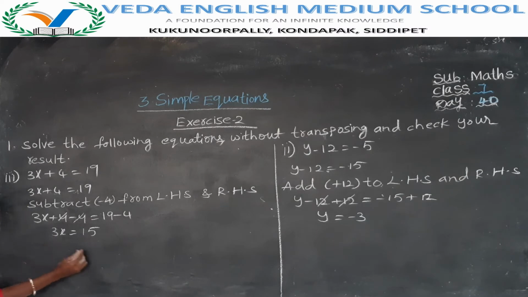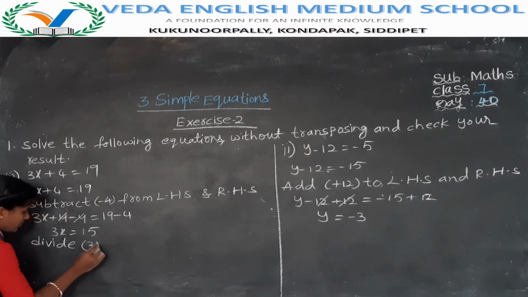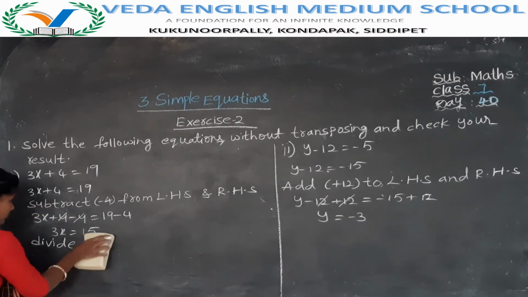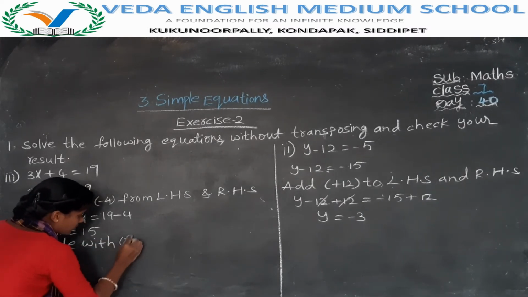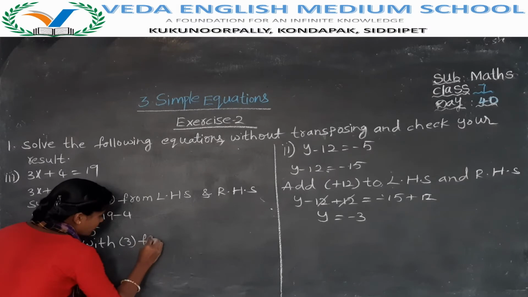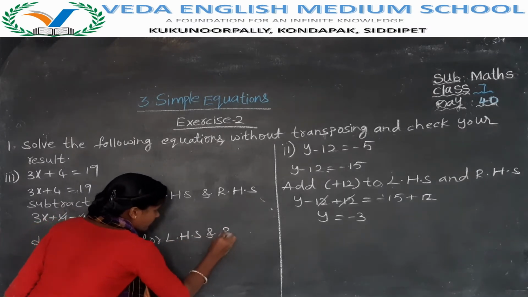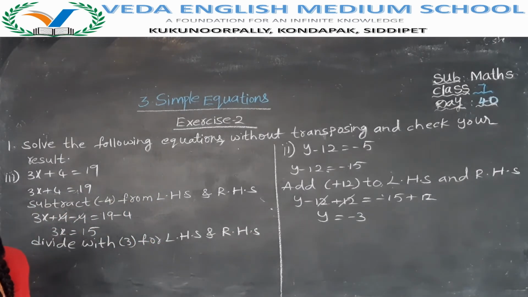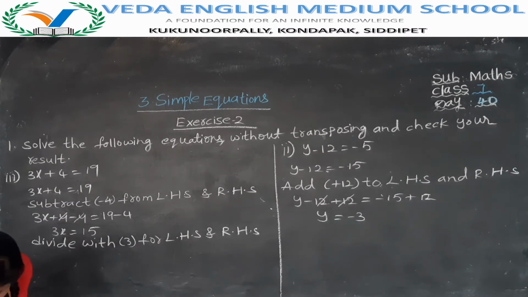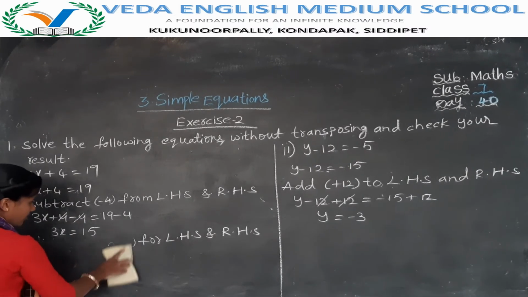Now divide with 3 for LHS and RHS. Dividing like this, dividing by 3.